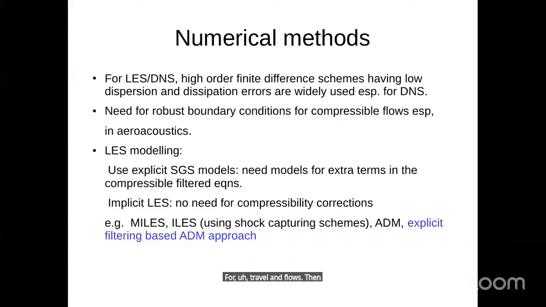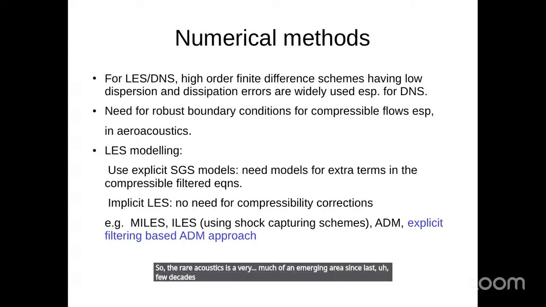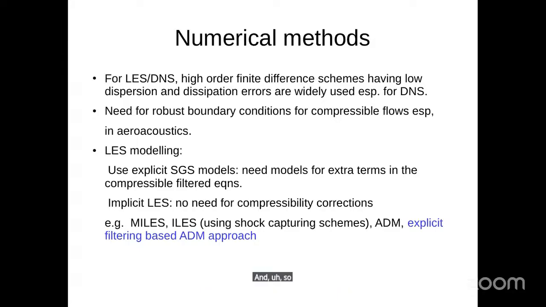Then the second thing is that you need to have very good boundary conditions for compressible flows, especially that's tricky for aeroacoustics. So aeroacoustics is very much an emerging area since the last few decades, and lots of activity has been going on, and we have just stepped into this area in the last few years.